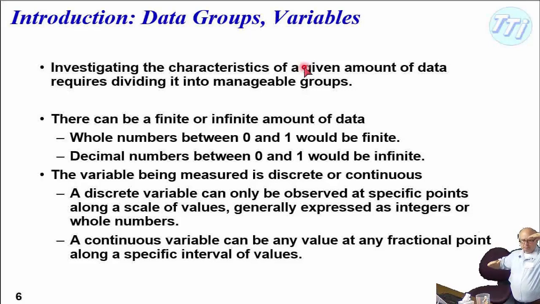The steps are discrete. If you're walking up the steps, you can only be at those levels as you go up. So we call that a discrete variable. It can only have set values. Whereas on the handicap ramp going up, you can be at any height, depending on where you are up that ramp. That's now a continuous variable.